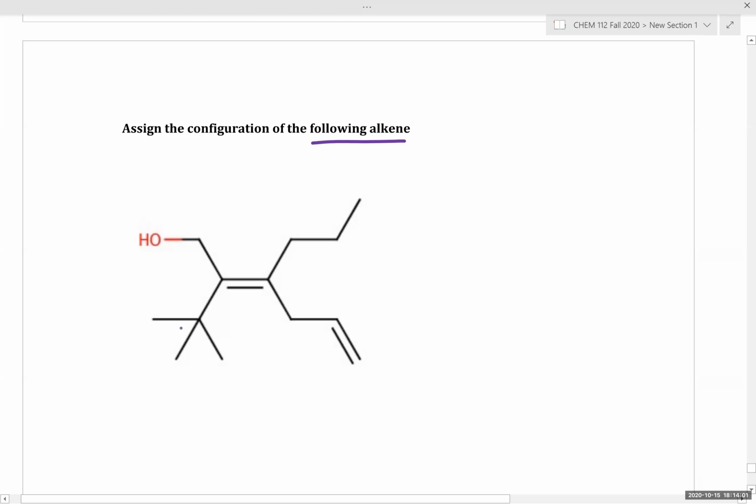If the highest priority groups are on the same side of the alkene, if you split the alkene along the horizontal axis, then it would be considered a Z alkene. If they're on opposite sides, they would be considered an E alkene.